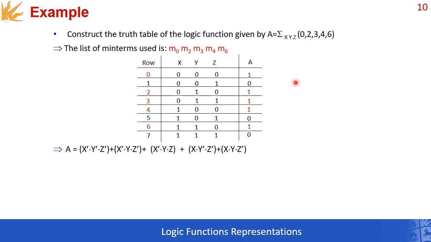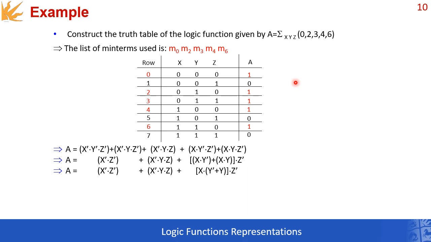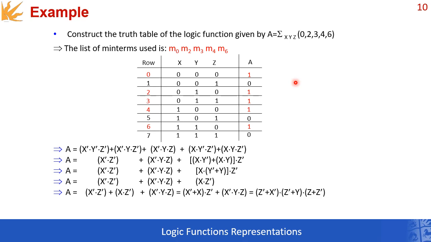Therefore, by using the sum of products for these particular minterms, and by using Boolean algebra theorems, you gradually end up in this, which is a simplified form.